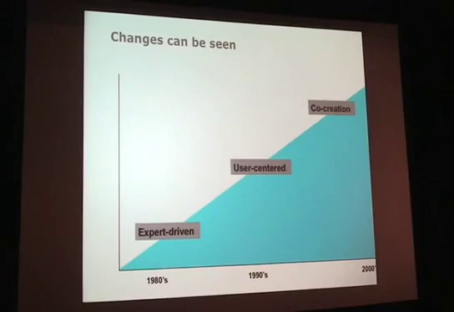One thing the diagram tries to imply is that expert-driven is not going away, user-centered is not going away. The new things don't replace the old things, they all become relevant, and what we need to do is figure out what to do when.